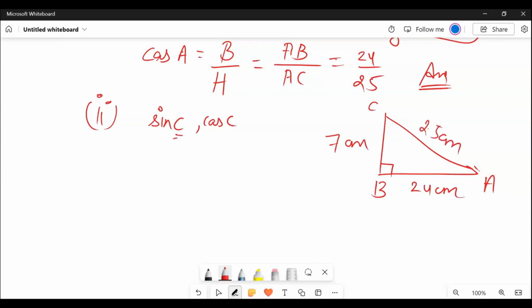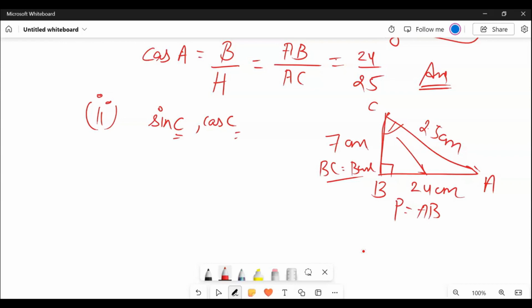In this section it is talking about C. With respect to angle C, the perpendicular will change, and this will become the perpendicular, and the base is the side on which the angle is made, BC is your base. Hypotenuse always remains the same in any right angle triangle.